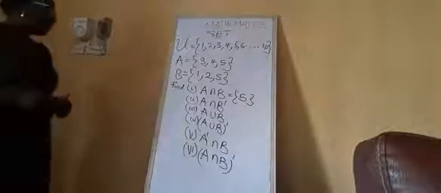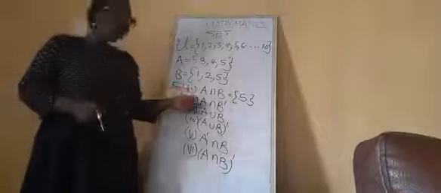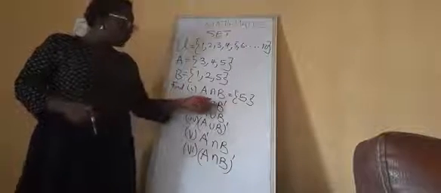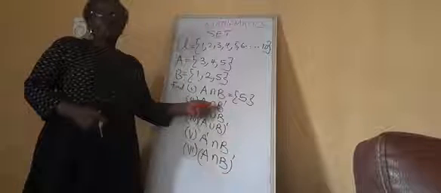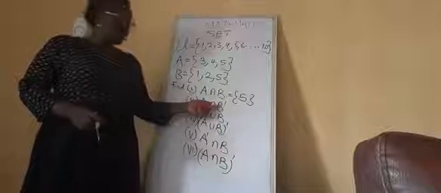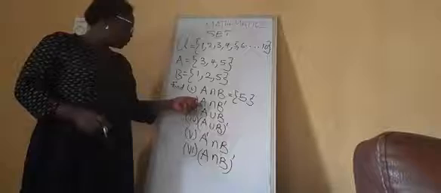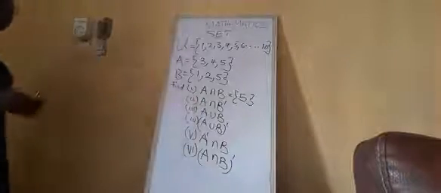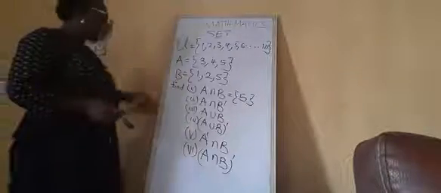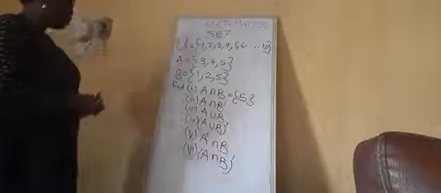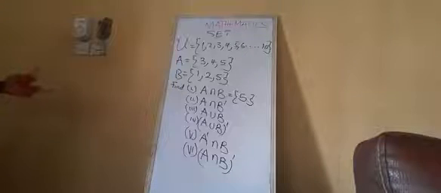Now, the next one. I've told you that this B prime means that it's not included. So you need to find A intersection B prime.